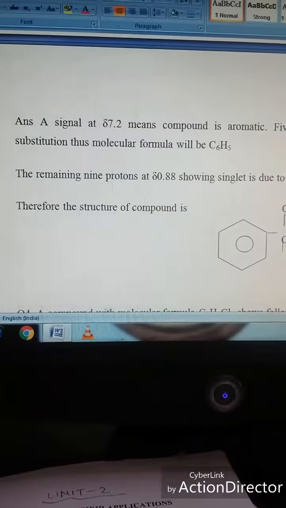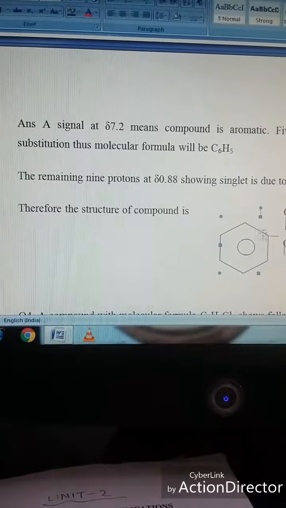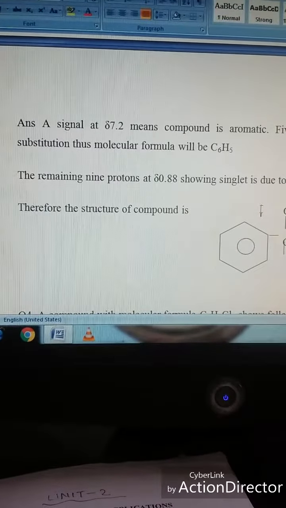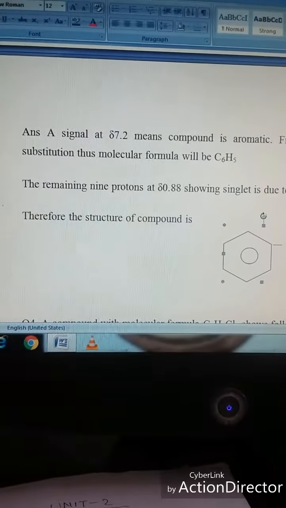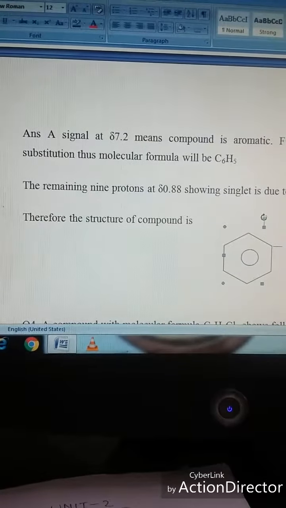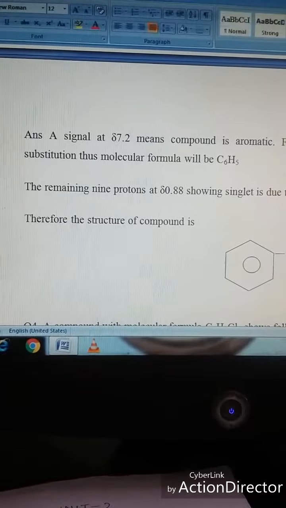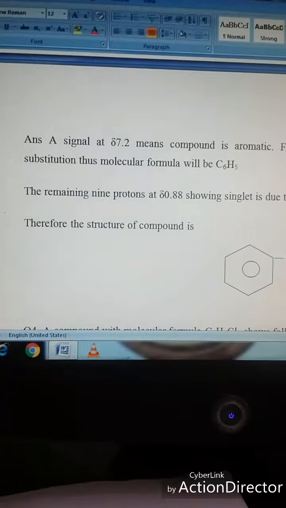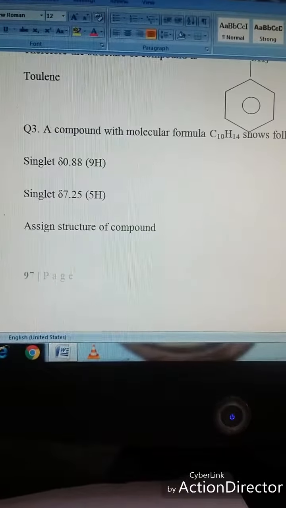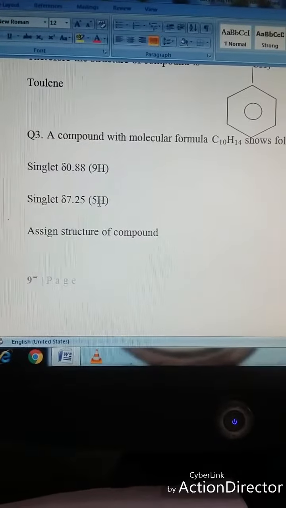Now let us come to the second, a compound having molecular formula C10H14. Again it is showing a peak in the aromatic region, that is 7.25. So it is C6H6, but here 5H is there.